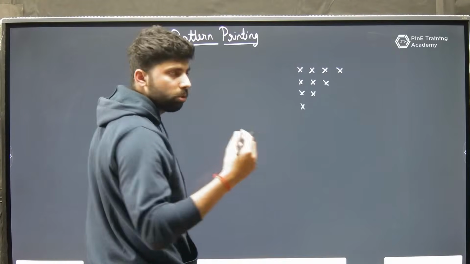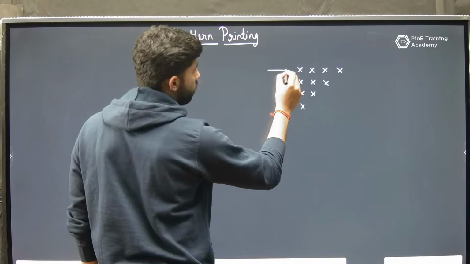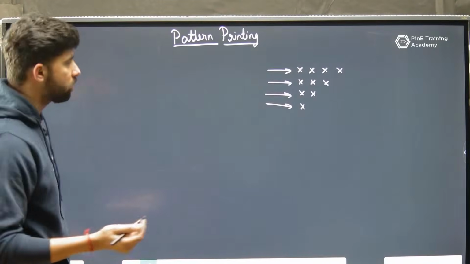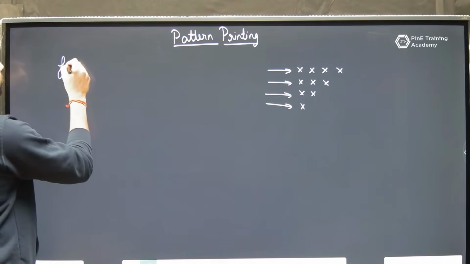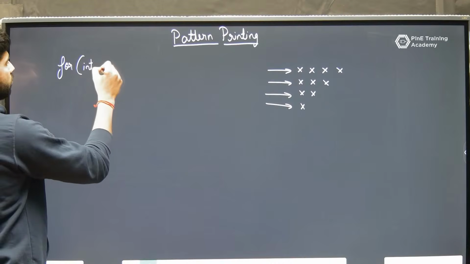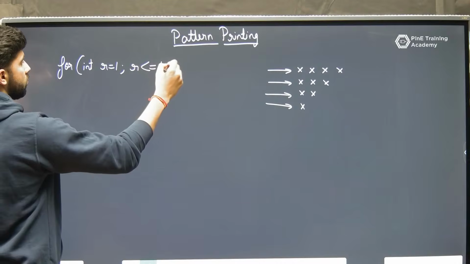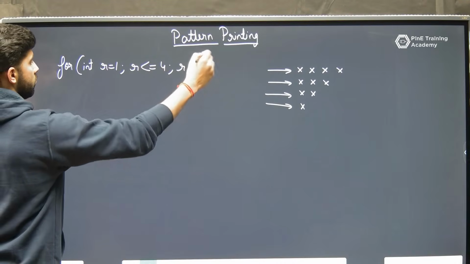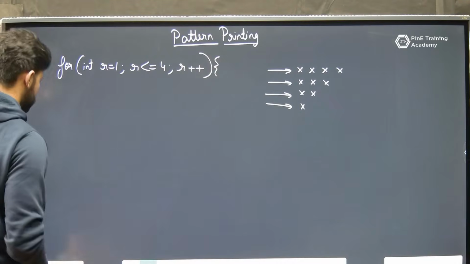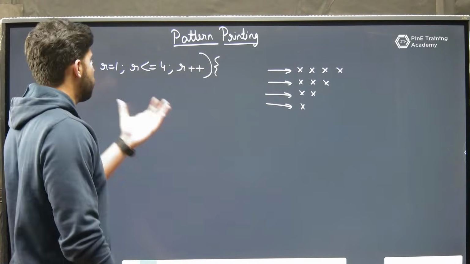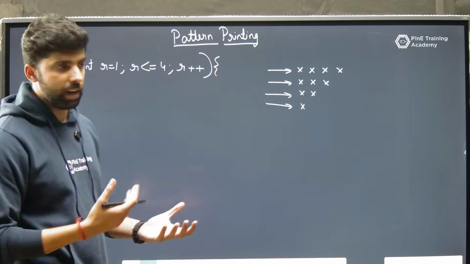So let's look at them. Again, we will follow those three steps. What is the number of rows? We have 4 rows. So we will write a very simple loop. Remember that to run a loop 4 times you can write it in multiple ways.